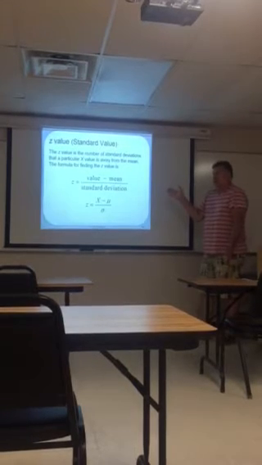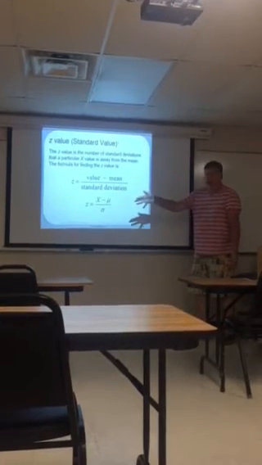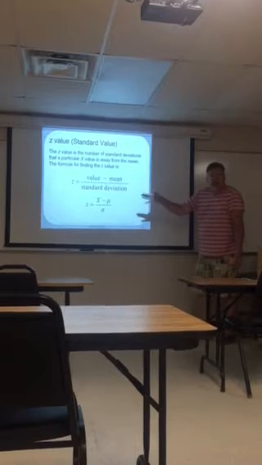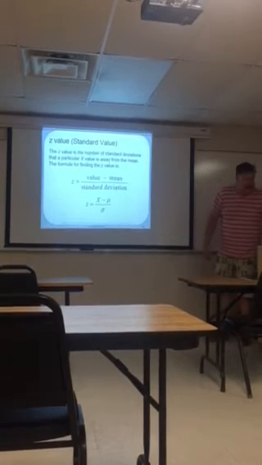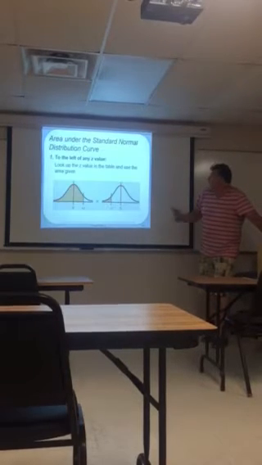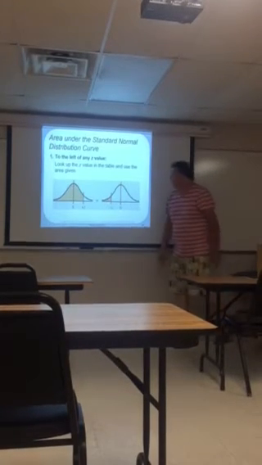Then I will know how many people, if we're talking about people, score above that, how many people score below that. So it's a very good statistic that we use in research and a lot of other things.